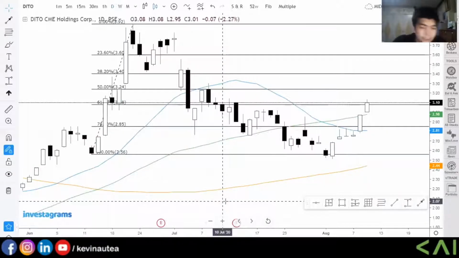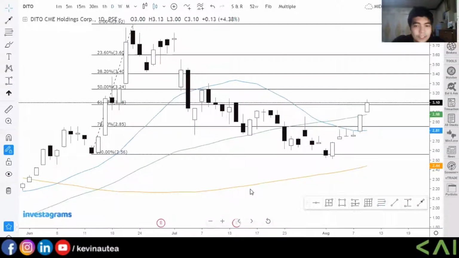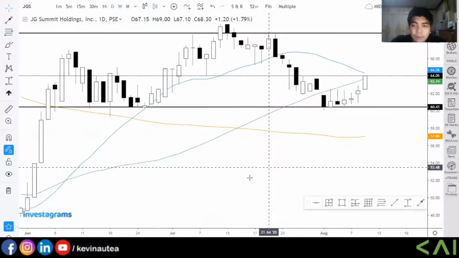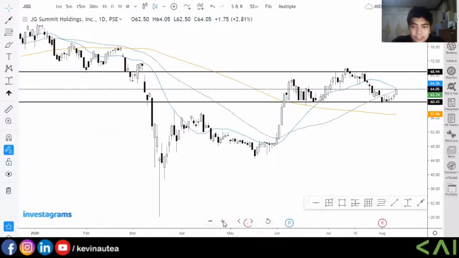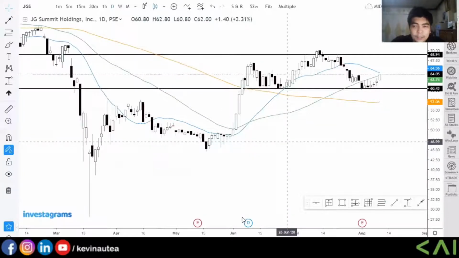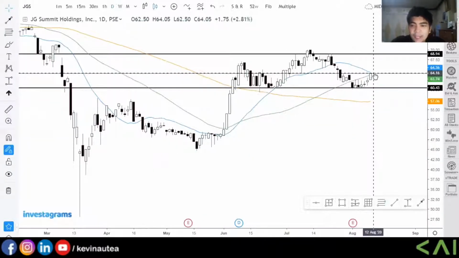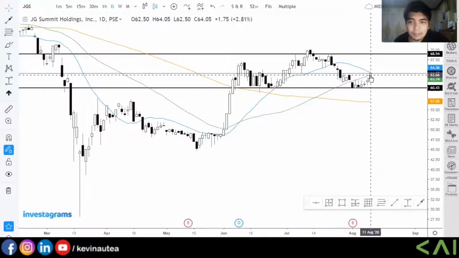All right. Next, we have JGS. Again, our flow, let's have a recap. Let's draw first the support and resistance lines. So if we buy it at this area, we could have a stop loss a bit below this one, and a target profit at the resistance area right here.